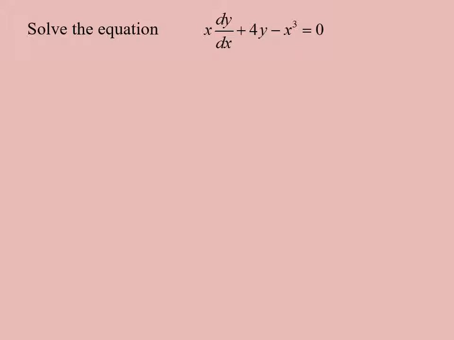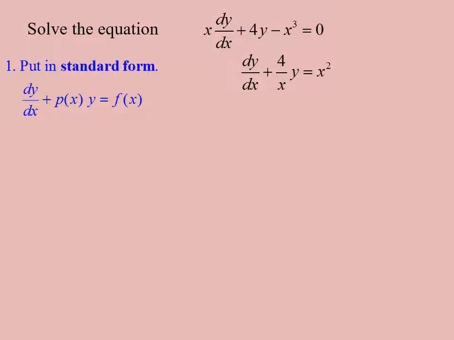We begin by writing this differential equation in standard form, partly to verify that it is indeed a linear first order equation. For this one, it just means adding x cubed to both sides and then dividing through by the x.